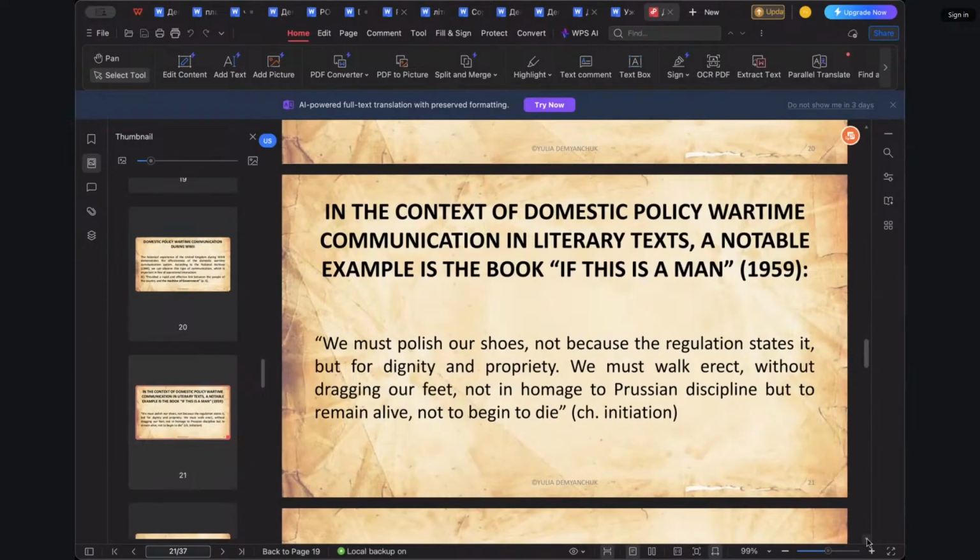And also, it can be found that domestic policy wartime communication is presented in Primo Levi's book, If This Is a Man. And here you can find an example from this very important book.